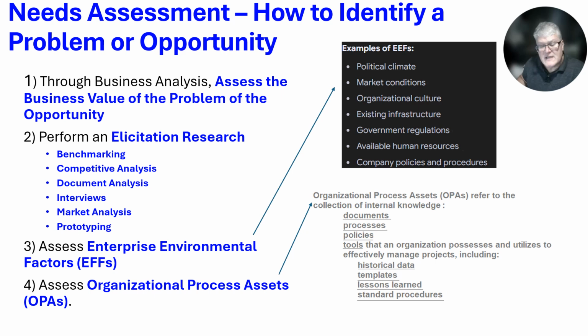And then you have to assess the organizational process assets of your organization that wants to undergo a project. And so organizational process assets refer to the collection of internal knowledge. You look at the documents, the processes, the policies, the tools that an organization uses to process and utilize and manage projects. And that would include using historical data. If you're undergoing a project that's already been undertaken once, you might use that to make your project a whole lot more efficient and easier.